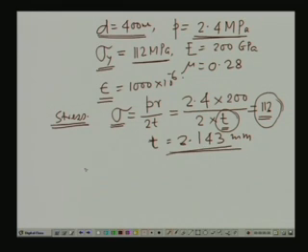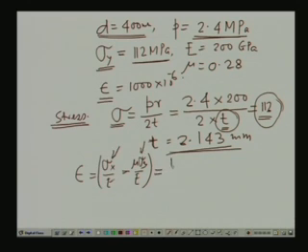Now, for the strain requirement, as we know, epsilon is equal to epsilon x, which is sigma x by E minus mu times sigma y by E. In this particular case of a spherical vessel, sigma x and sigma y are the same, and they are sigma. So, this is equal to (1 minus mu) by E times sigma. That is the value of strain epsilon.